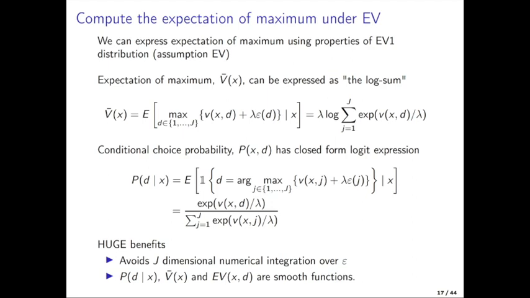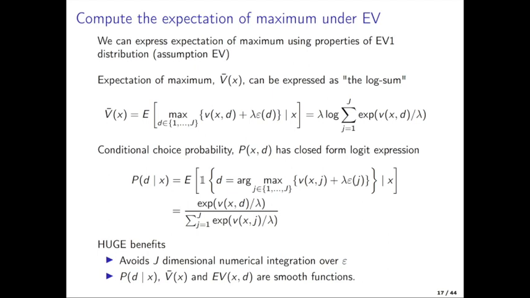Very cool, huge benefits. You avoid j-dimensional numerical integration over epsilon in two cases where you need to solve the model. You need to do this repeatedly, because we do this during the course of solving the model, and also while maximizing the likelihood later on.